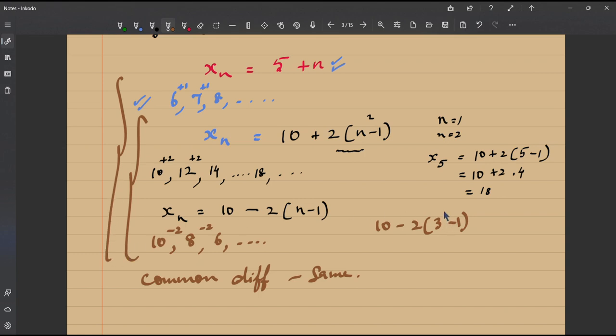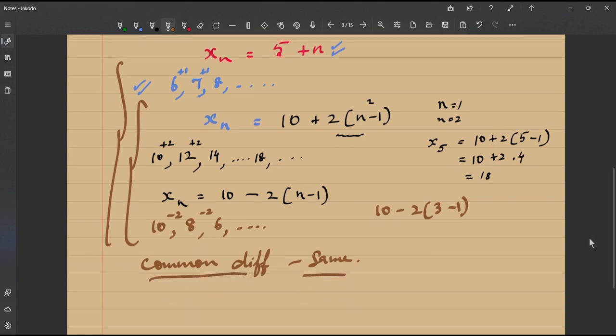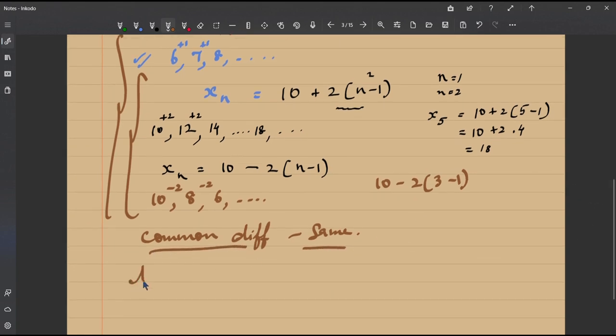In our upcoming videos you will see these types of sequences where the common difference is the same, and we have a special name for this. They are called arithmetic progressions or arithmetic sequences, or APs.